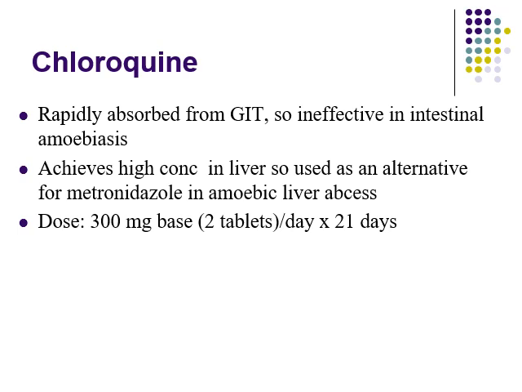However, the drug achieves a very high concentration in the liver, and therefore it can be effective in the management of amoebic liver abscess. The dose is 300 milligram base, that is, one tablet contains 150 mg of the base, two such tablets to be taken once daily for 21 days. That is the schedule for the use of chloroquine in the treatment of amoebic liver abscess.